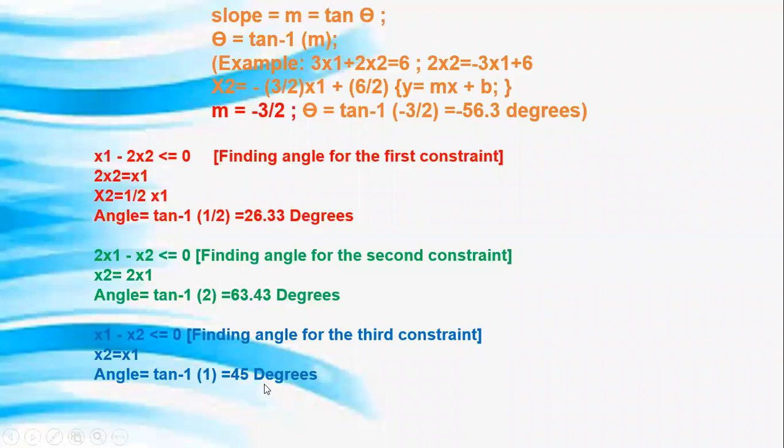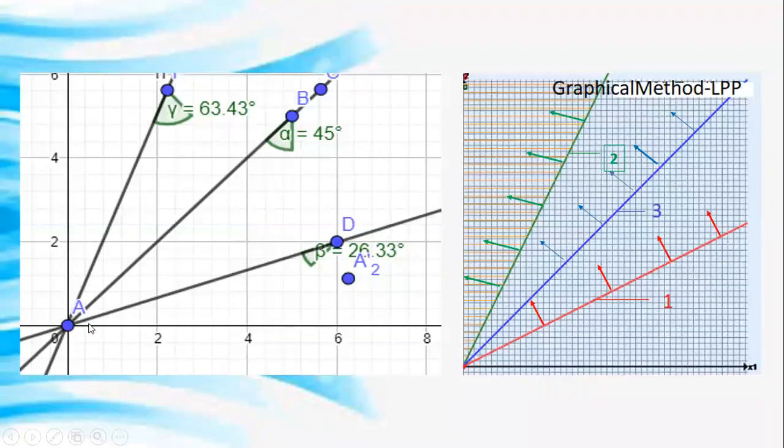Here we know only one point, that is the origin. From there, we have to extend the line using these angles. This is the graph representing it. The red one is the first equation, this is the second, and the blue one is the third. For the first, the angle is 26.33, so from the origin, draw an angle of 26.33 and extend the line along that inclination.